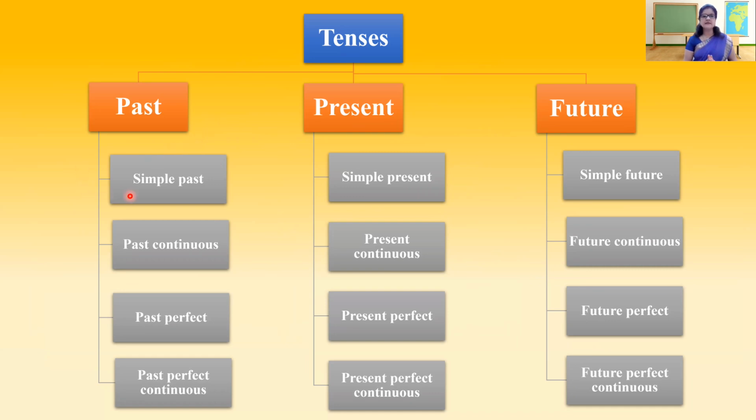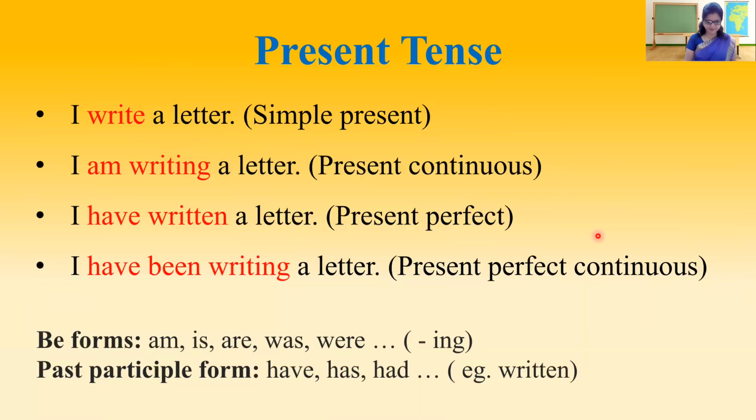Simple past, past continuous, past perfect, past perfect continuous. In present: simple present, present continuous, present perfect, present perfect continuous. In the same way: simple future, future continuous, future perfect, future perfect continuous. Present tense. Let me teach you present tense now.